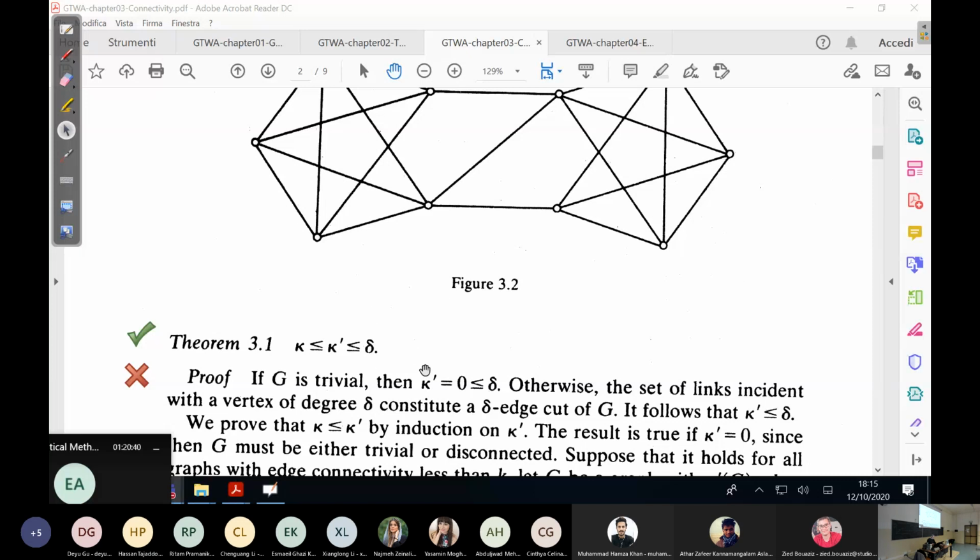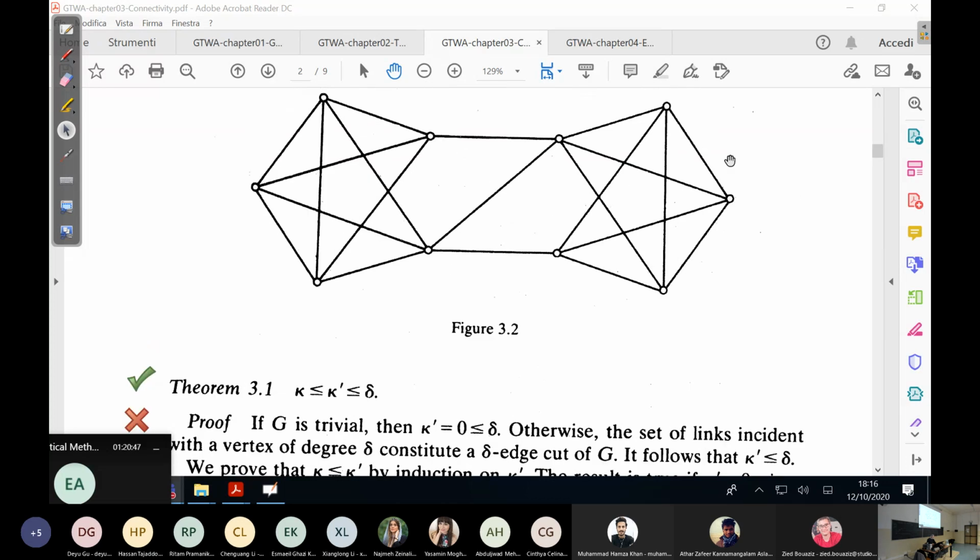But it might be that you can have even less. And this graph is very nice because it represents exactly the fact that these two inequalities may be strict, okay? Here what do we have as small delta?